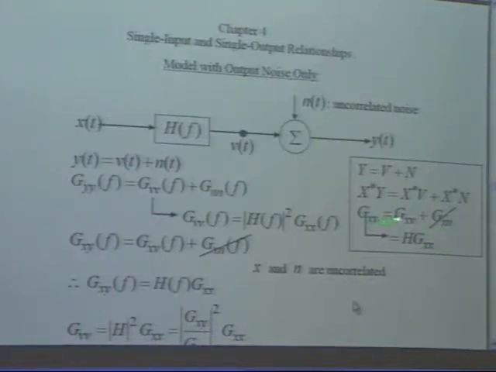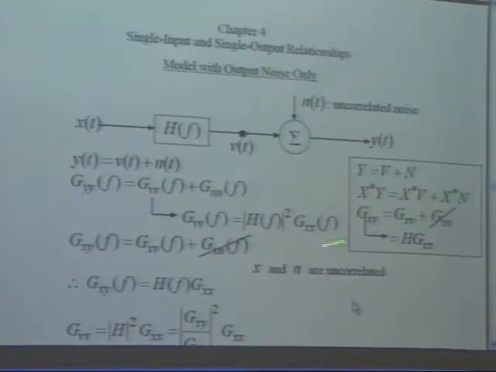Why? Well, Gxy is equal to, H is a transfer function, times Gxx as is. The derivation is here. On the next page I can skip all such basic operations and show the result right away.